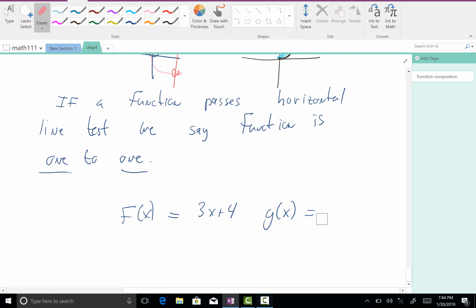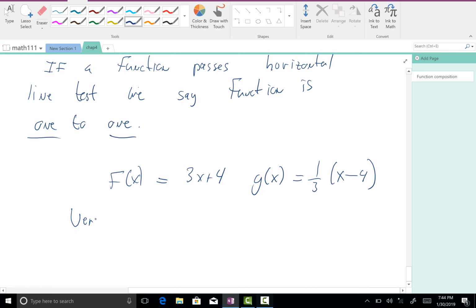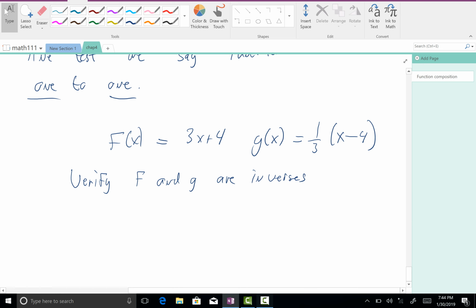Okay. We want to verify F and G are inverses. How do we do that?